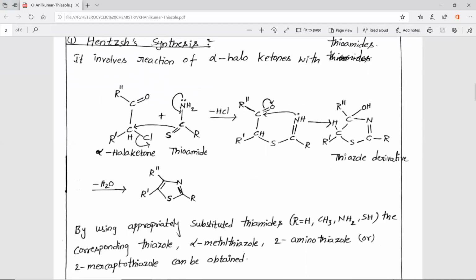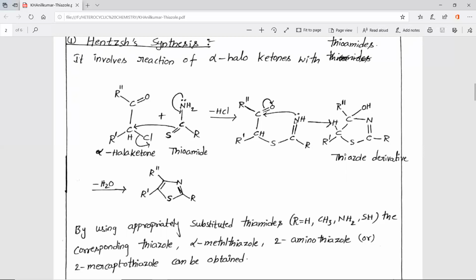This is an alpha haloketone and this is attacked by the thioamide. So the sulfur atom is attacking as a nucleophile this carbon atom, displacing this chlorine atom. So it is a nucleophilic substitution.